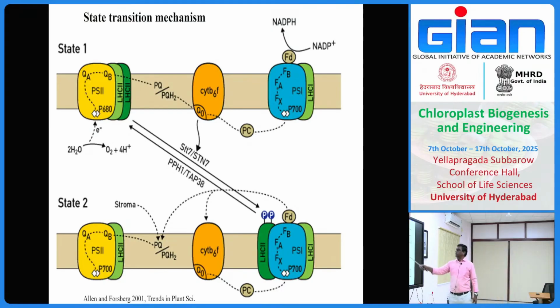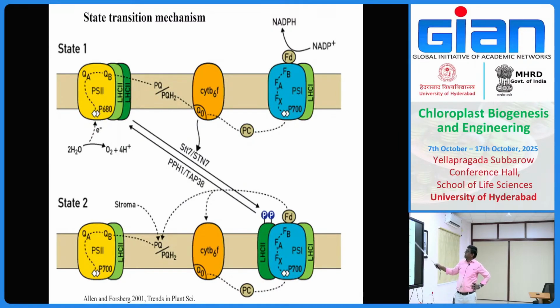These are the kinases, STT7 in algae, STN7 in plants, and this is the reduced condition, and this is the oxidized condition. PPH1 and TAP38 are the phosphatase enzymes involved in oxidation. You can see that the light harvesting complex is attached.